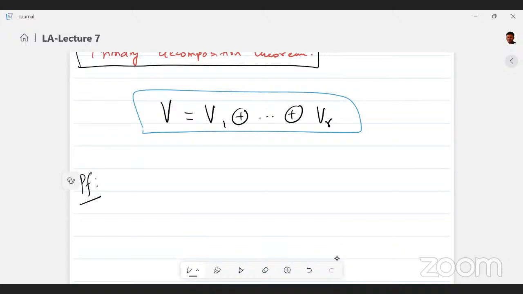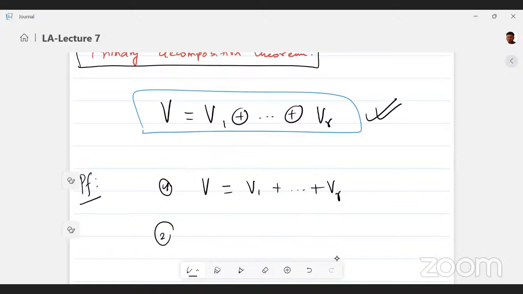So now to prove this, there are two statements. Okay, if you are interested in proving something like this, first you need to prove that this V is actually the sum of these subspaces. Okay, so this is the first thing. And the second thing to prove is that these Vi's are in some sense independent.